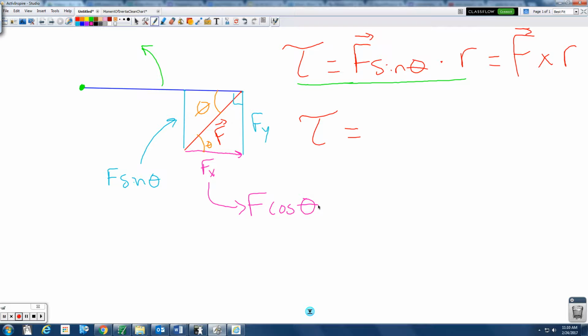Okay, so in our case, for this particular example, F sine theta in blue gives us our force perpendicular to the axis of rotation. And then we would also need r. Where is r? Here is r, right here. Okay? So that's what we have for number 2.